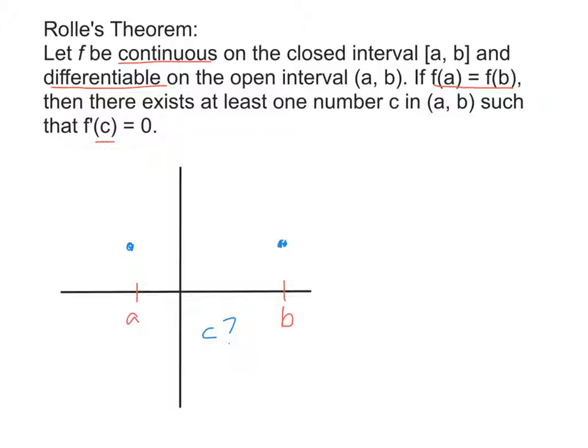Let's think about that. If this function is continuous and differentiable both, well, there's only a certain number of ways that can happen. Either it's going to come up like this and go through my f of a and come back down to f of b. There's going to be a horizontal tangent up here somewhere.